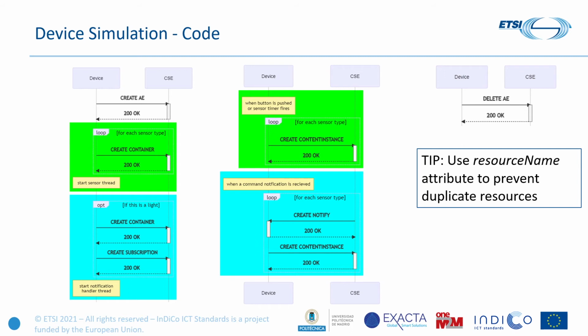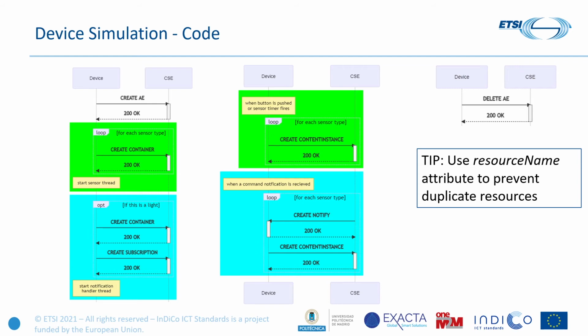They do that by sending a create AE primitive. Next, for each sensor type that our device is simulating, it will create a container for every single one of them. That container is where it will send its measurements through a content instance.